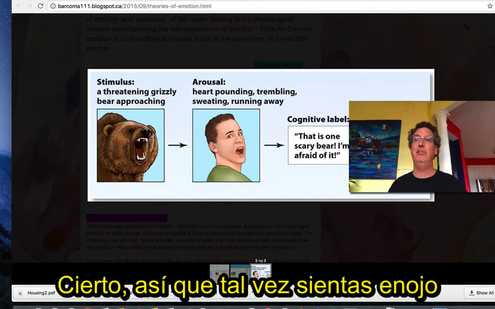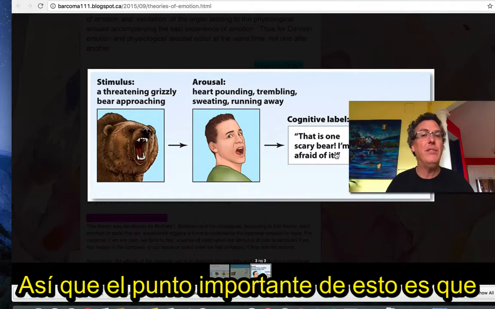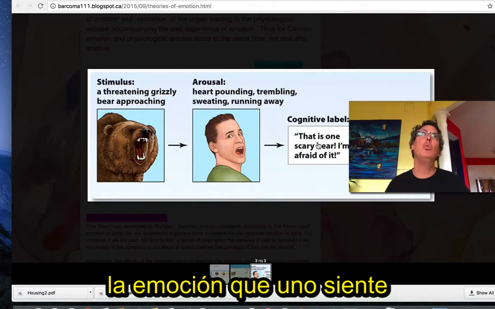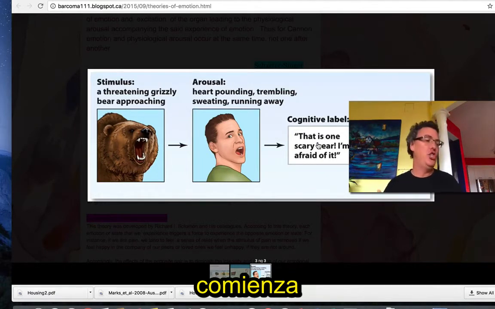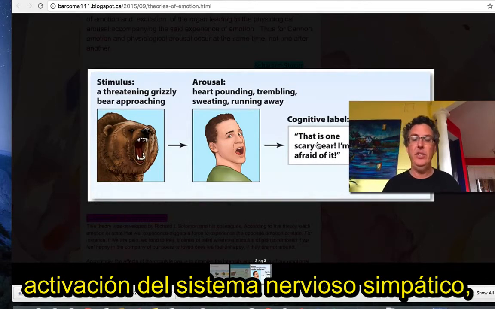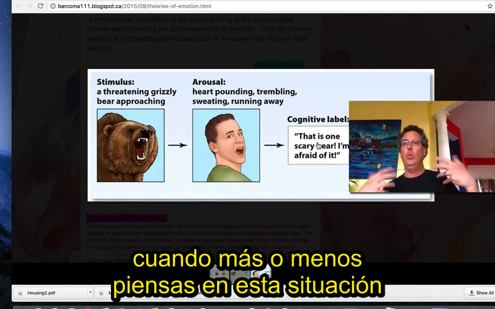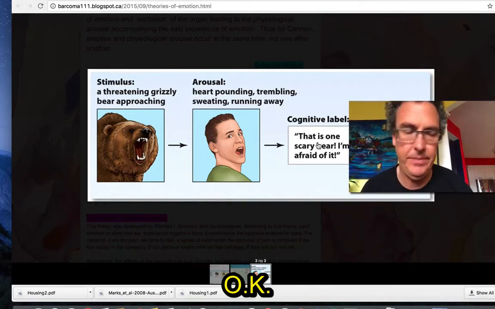So you might feel anger, not fear. So the important point is that the emotion one feels starts with that sympathetic nervous system activation, but then becomes an emotion when you think of the situation you're in.